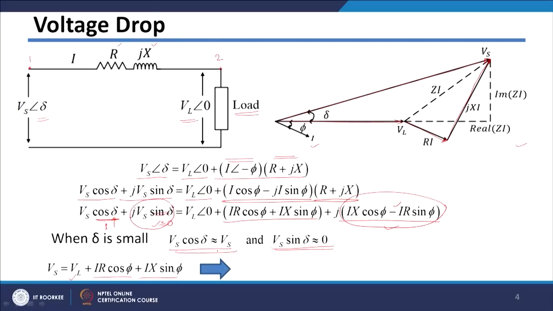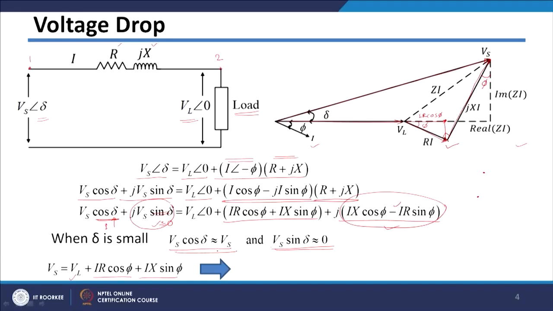Now, if you observe IR cos phi, you have this IR phasor here, and then you have this angle phi, and this will be your IR cos phi length up to this point. And since IR and IX are at 90 degrees, this angle also will be phi.